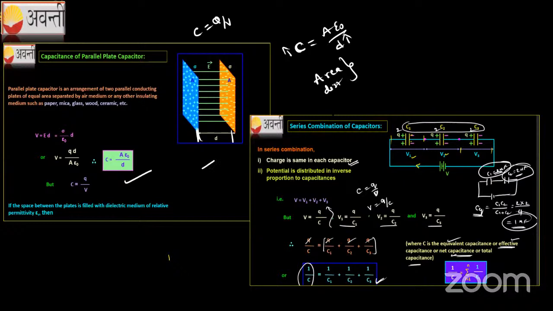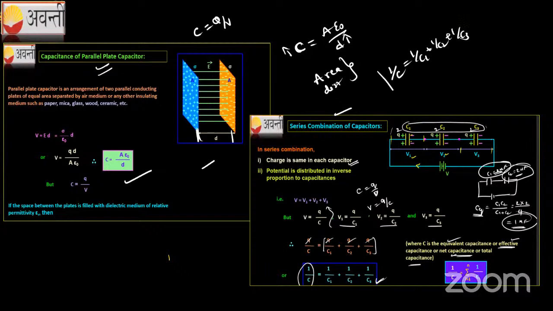Later on we discussed the series combination of capacitors. In the series connection of parallel plate capacitors, we found the equivalent capacitor, meaning instead of these three capacitors we can replace them with only one. The equivalent capacitance comes out to be 1 by C is equal to 1 by C1 plus 1 by C2 plus 1 by C3.